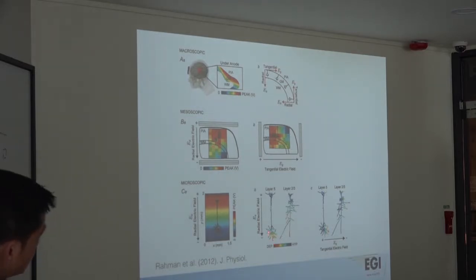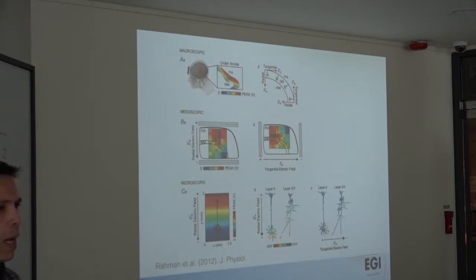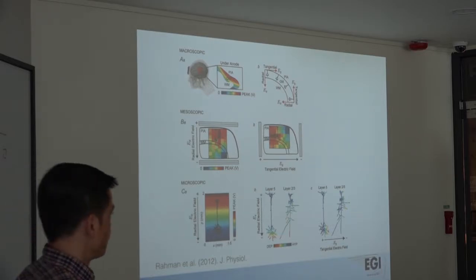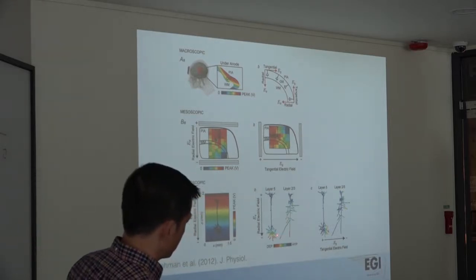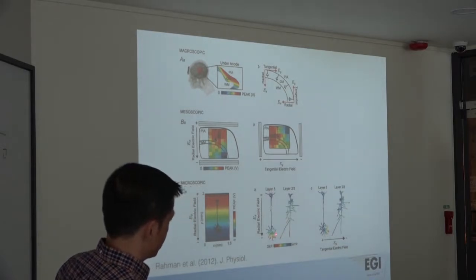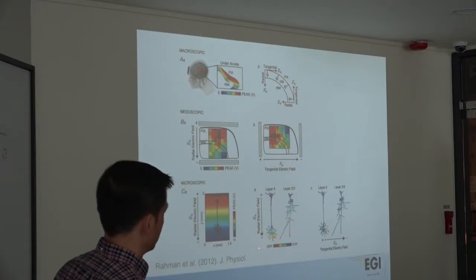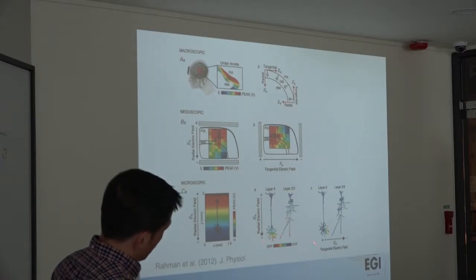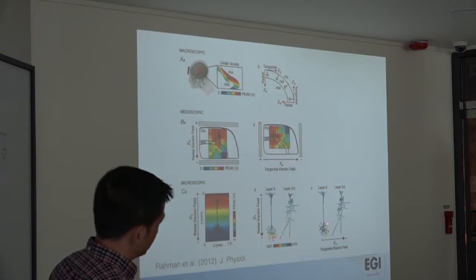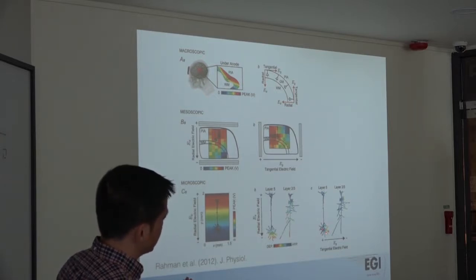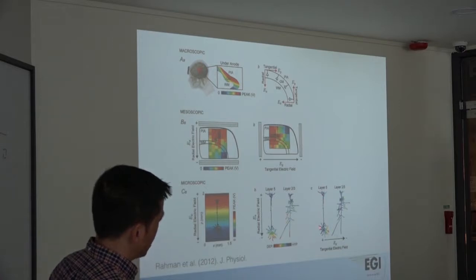But at the very ends here, it will become depolarized, so the membrane potential will be closer to firing. Now, if you pass current this way, it will have very little effect, because the net effect is zero. It has to go along the axis.